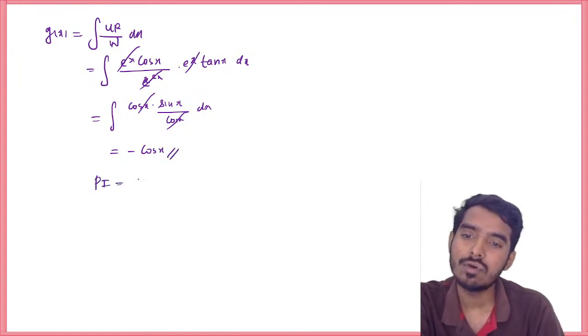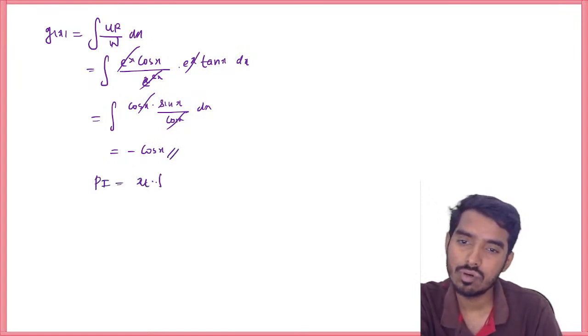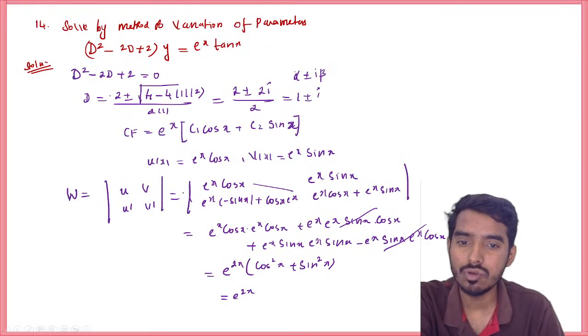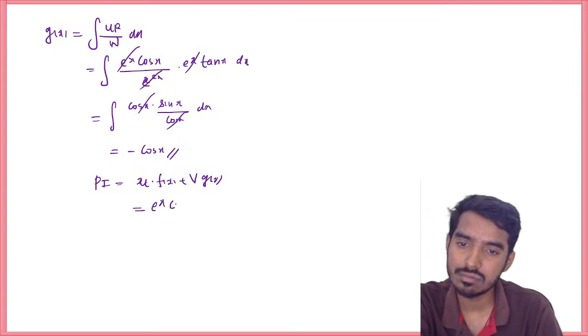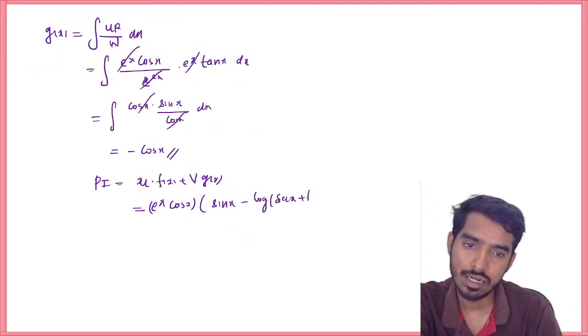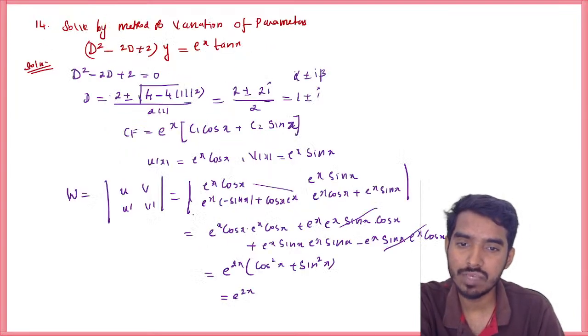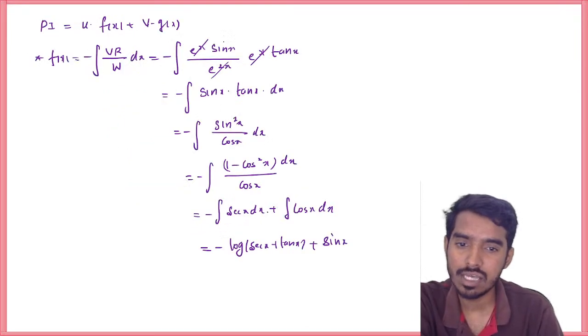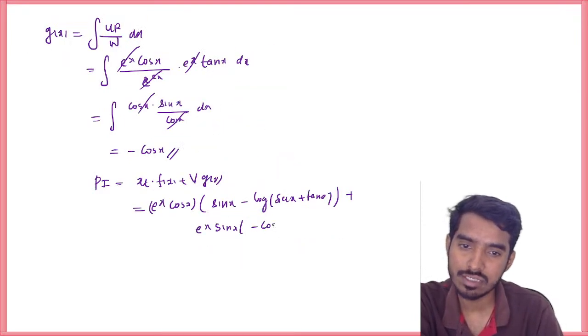Therefore the particular integral is u into f(x) plus v into g(x). What is u? It is e^x cos x into f(x), where f(x) is sin x minus log of sec x plus tan x, plus v g(x). So this is e^x sin x times g(x), cos x.